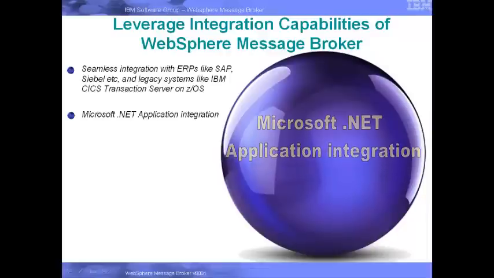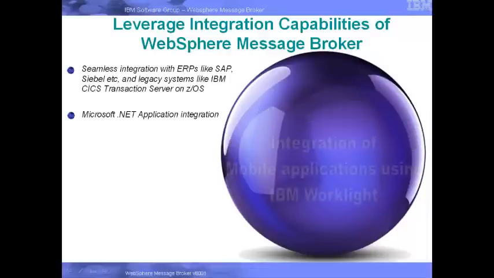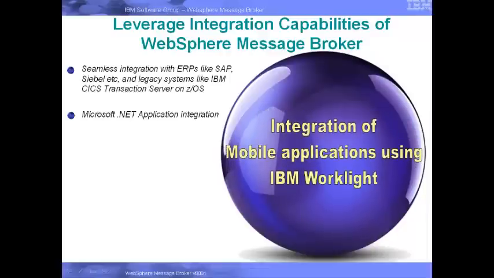Message Broker version 8 supports integration capabilities with applications on mobile platform using IBM Worklight, which is a part of IBM Mobile Application Development Platform. The product also comes with a pattern for IBM Worklight integration.